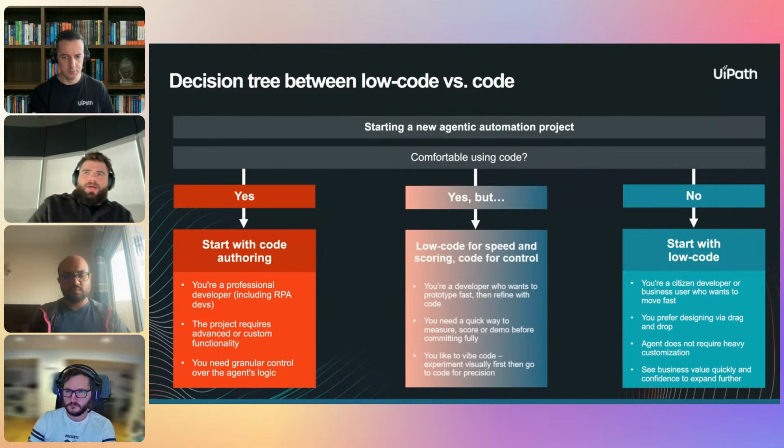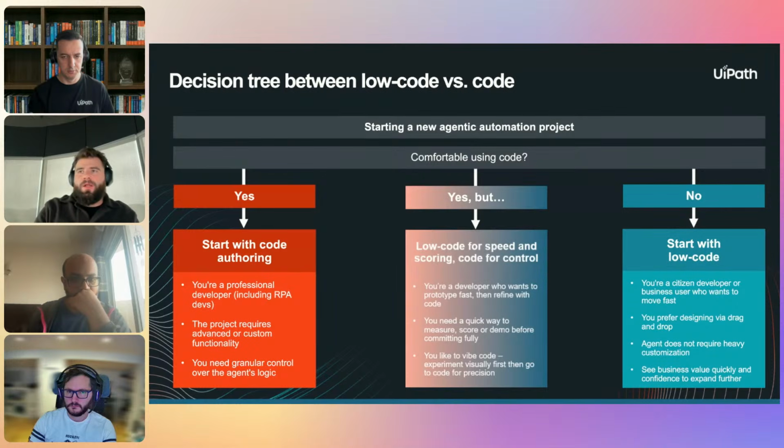agents. And I think naturally it comes to this question: when should I go the coded route? And maybe the best way we can argue this would be, are you comfortable using and maintaining code? And if yes, our recommendation is to start with code authoring and continue with that.